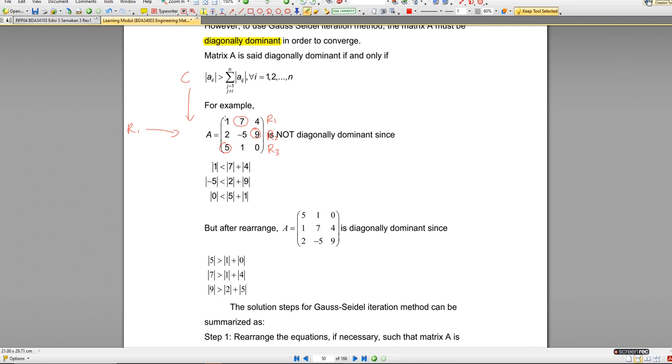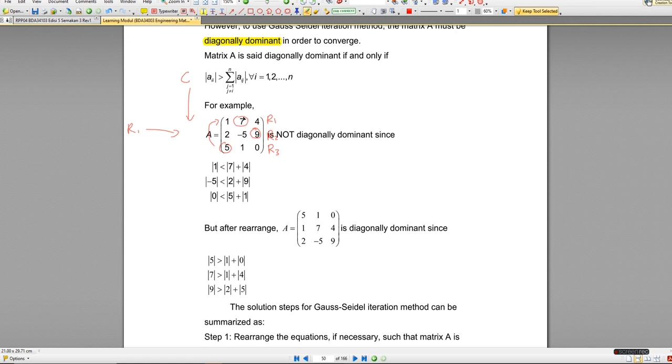Let's say this one, in column 1, the highest number is 5, right? So we put it in row 1. And then we go to the next column, the second column. In the second column, the highest value is 7. 7 is located in row 1.